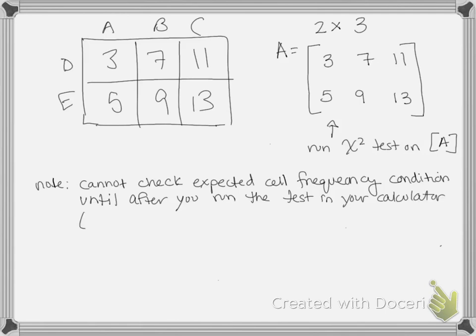What happens is matrix B auto-populates with expected counts. And we can access matrix B by going to the matrix feature and looking at the values inside of it after we run the test and find the p-value.